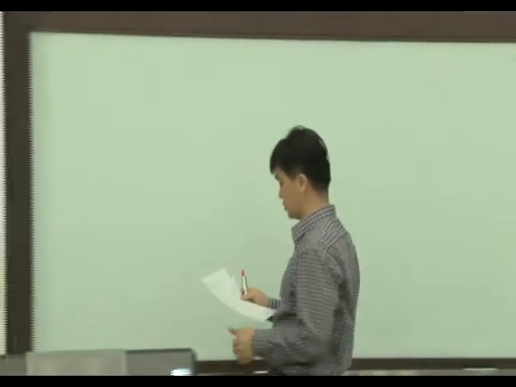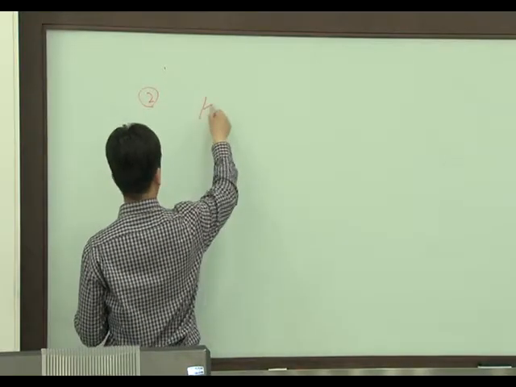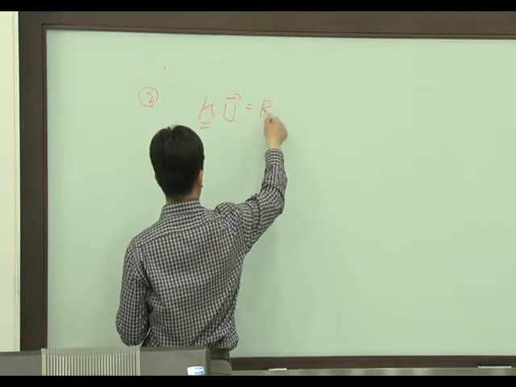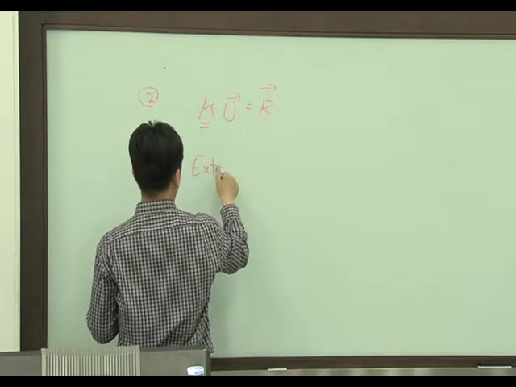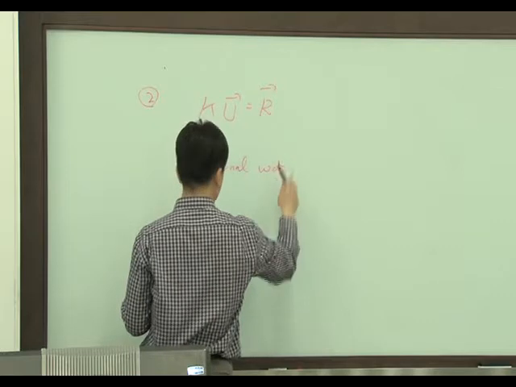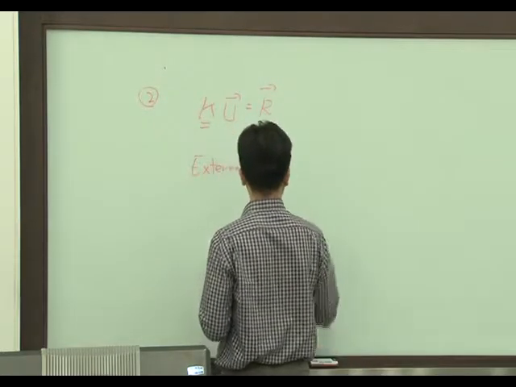Second property, 2. Let's consider our system KU equals R and the external work. How can I calculate the external work?